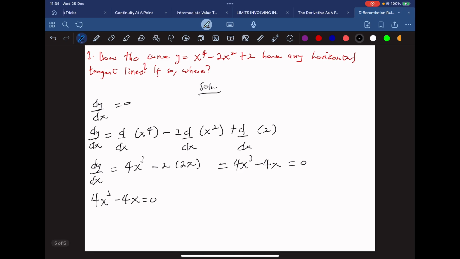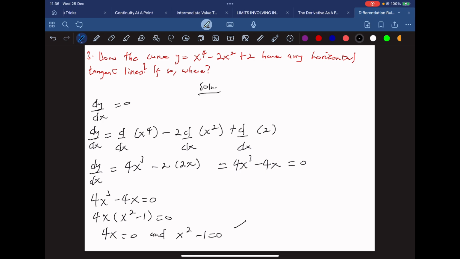First of all, notice that we have 4x here, we have another 4x here, remember? So we can just factorize 4x out. Then we have x squared minus 1 equal to 0. So having this means that 4x is equal to 0, and also x squared minus 1 is equal to 0.